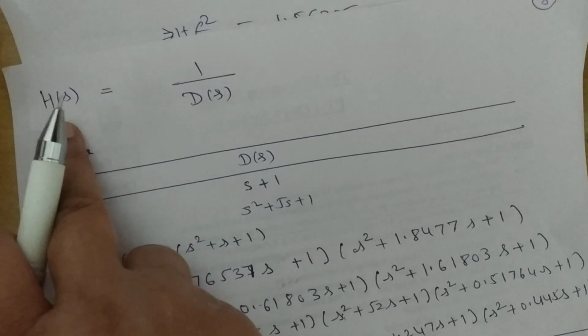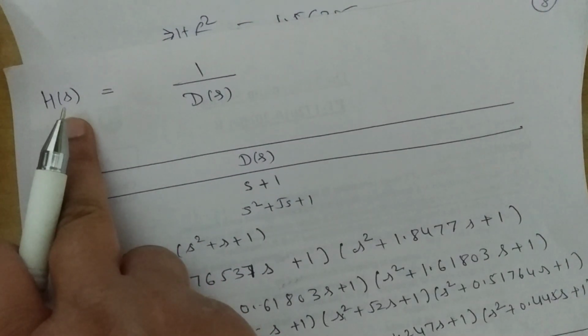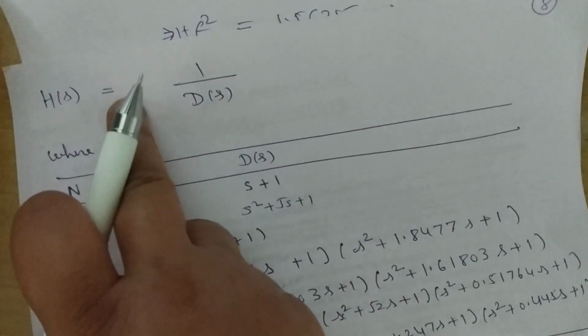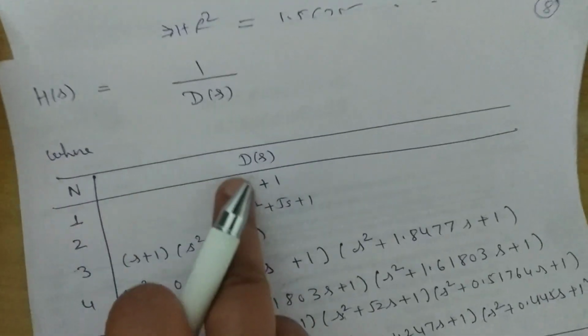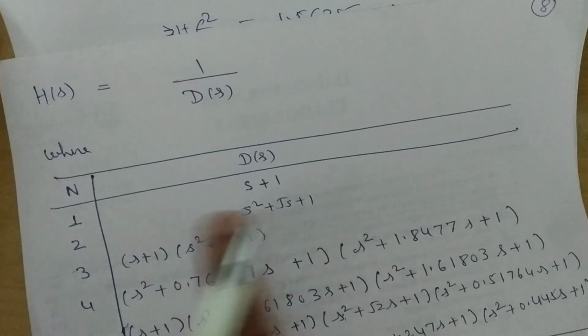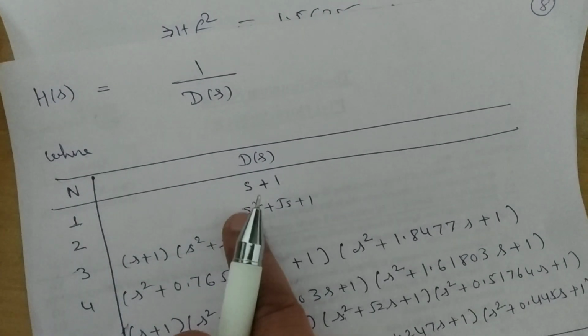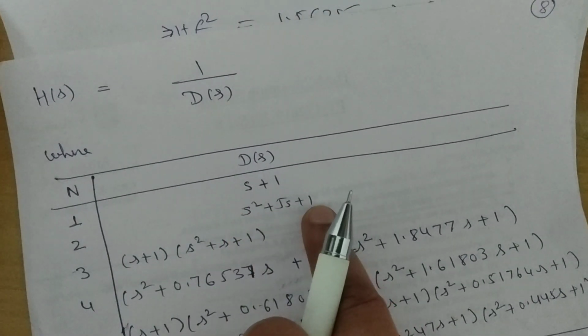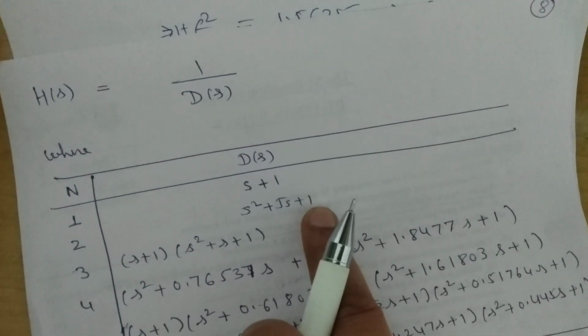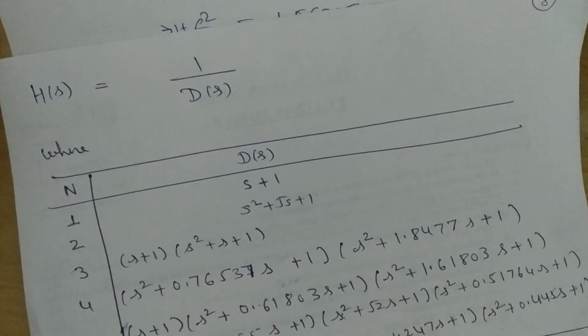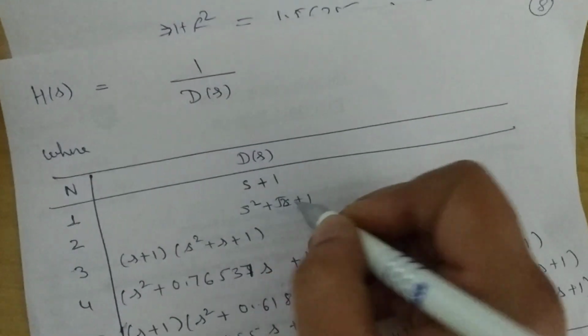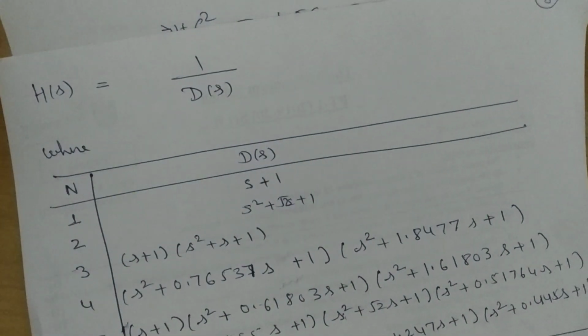So H(s) is the normalized response of the Butterworth filter and is expressed as 1 upon D(s). D(s) is the denominator polynomial, so because the order of the filter is 2, the denominator polynomial in this case will be s squared plus square root 2 s plus 1.